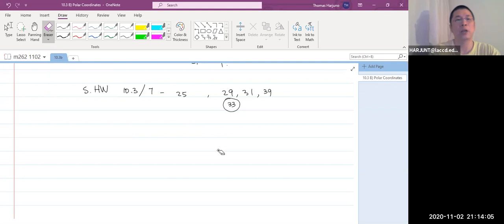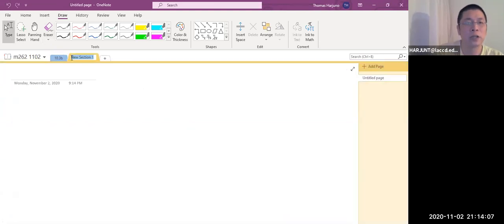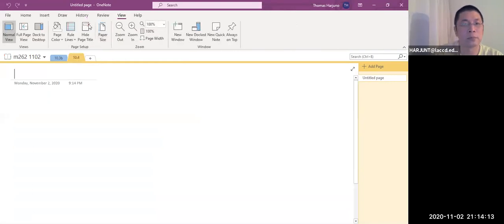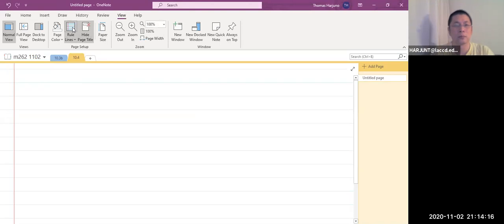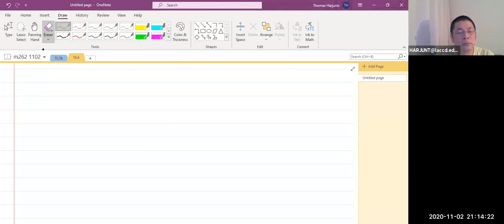Okay, now 10.4. This section tends to be on the easy side. 10.4 is on area and length. First area and second length in polar.